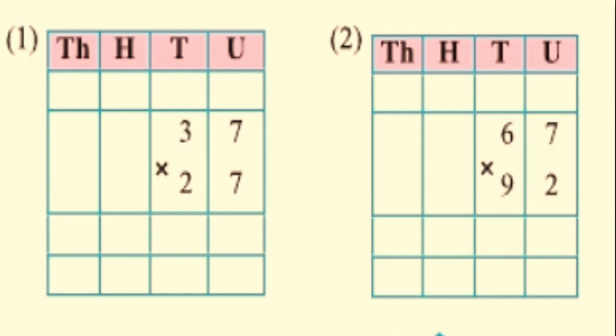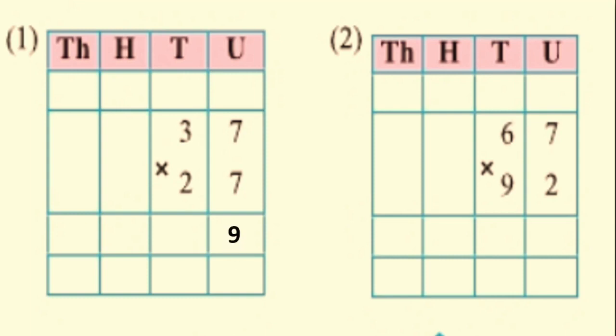Now, dear children, this is from your textbook. Okay? Page number 76. Now, we will go for this. 7 sevens are. Same table we can see here. 7 sevens are. Yes. 49. Isn't it?